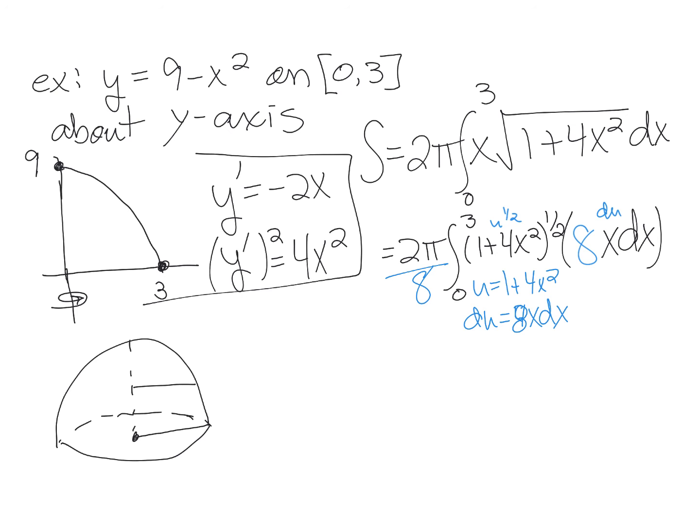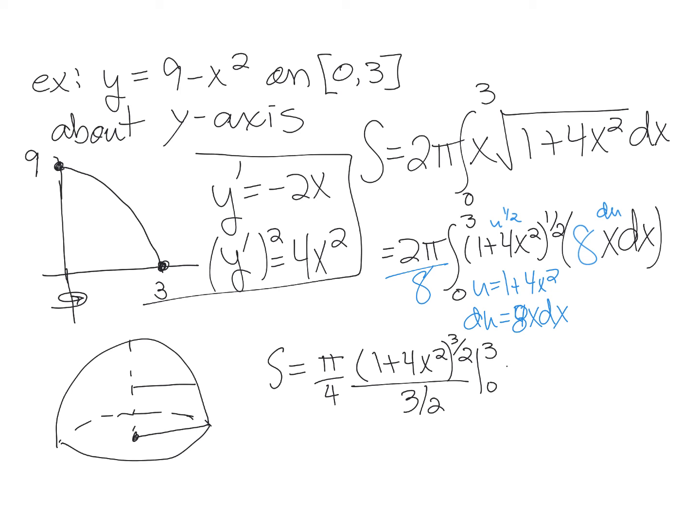And I multiply by 8 and divide by 8. I haven't changed the value of anything. So we end up with surface area equals pi over 4. I've got u to the 1/2, so I'm going to say 1 plus 4x squared, add 1 to the 1/2, divide by the new power, evaluated from 0 to 3.